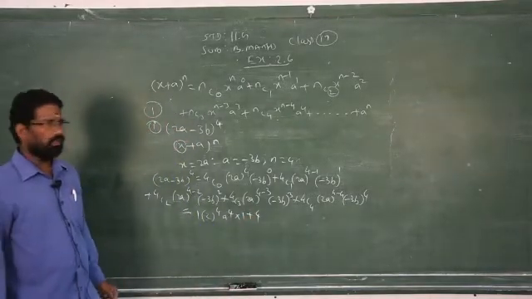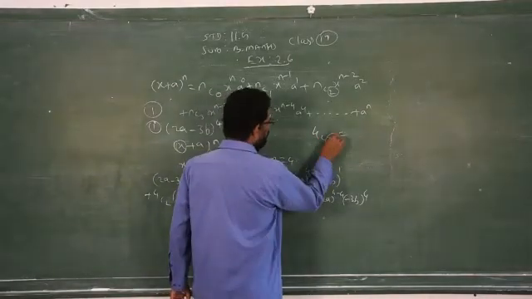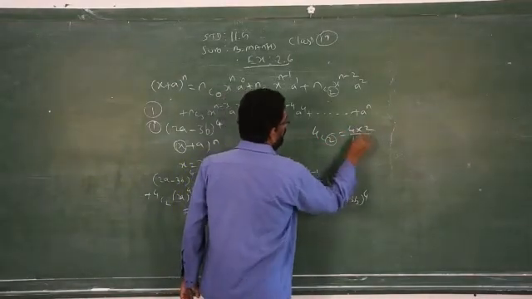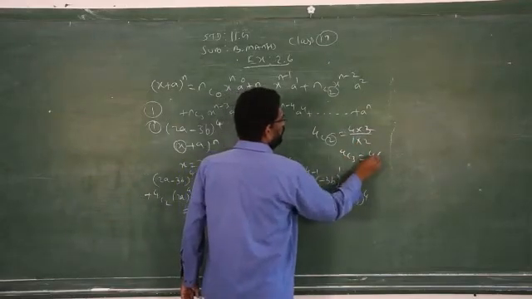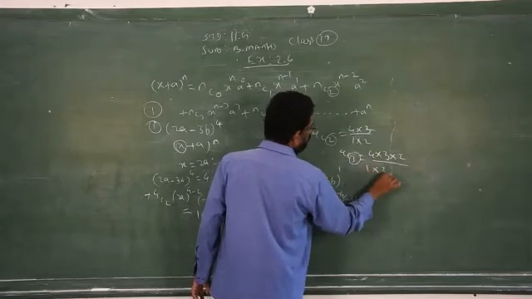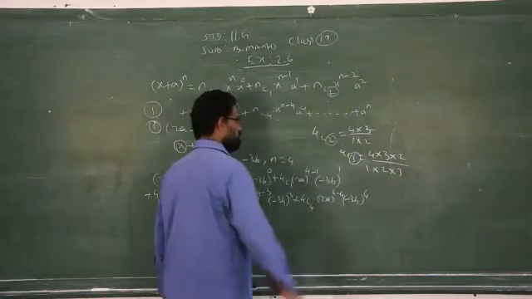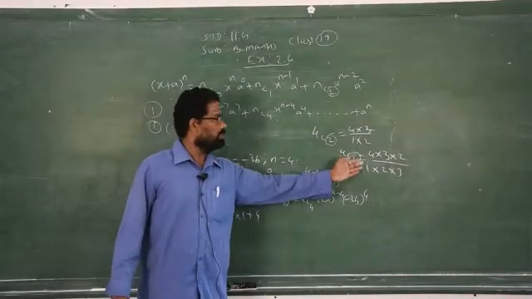For 4c1, just remember how to write 4c2: you write 2 numbers in descending order and 1 into 2. See, 4c3, how do you write? 4 into 3 into 2, three numbers, then 1 into 2 into 3. This is the combination method, which you studied in the previous exercise.